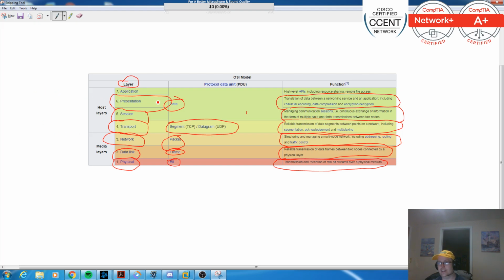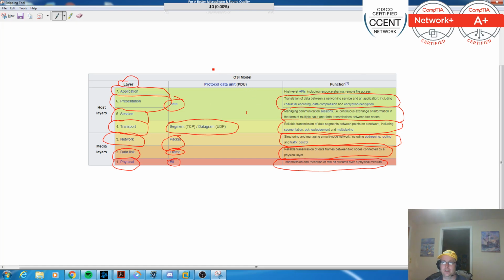So the translation of data between a networking service and an application, including character coding, data compression, and encryption and decryption. I'll be honest, I don't know if you have to know that as much as what it physically goes to, as far as that function here.